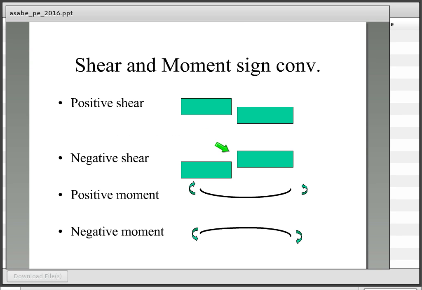Negative shear would be considered something like this, where you have a downward shear vector. Positive bending moment would be where you can catch rainwater in it when it bends. And then the negative would be the opposite of that.